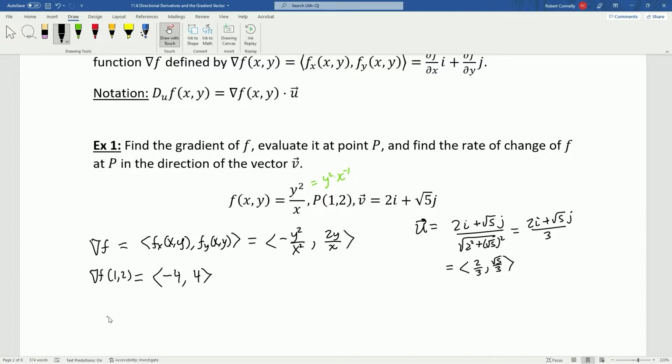So finally, if I want the directional derivative of f at the point 1, 2 with respect to the direction u, then this is just going to be the dot product here.